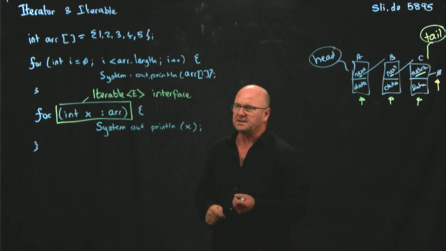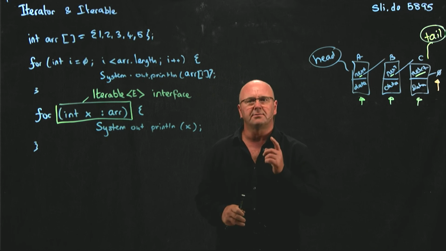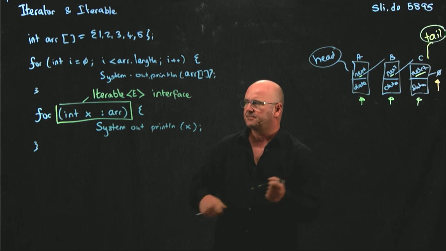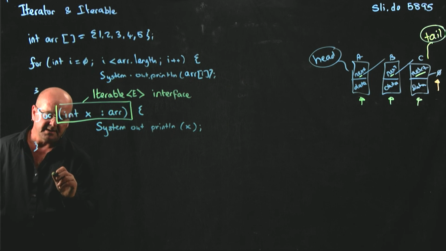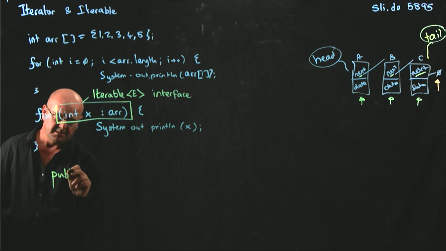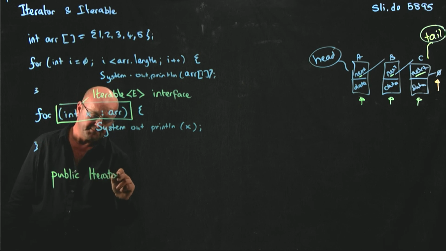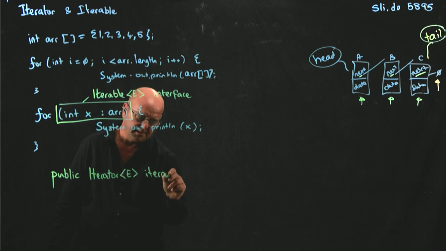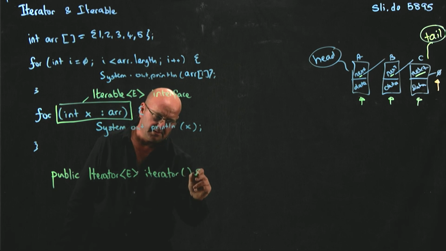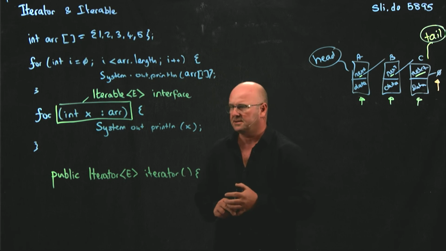The iterable interface only has one method that we have to complete. That method has a signature public Iterator<E> iterator.